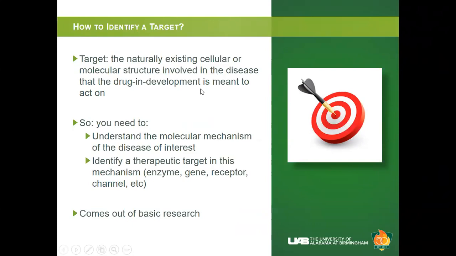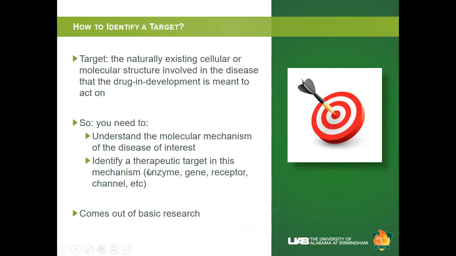So you really need to understand on a molecular basis what goes wrong in a cell that makes disease happen. The more you understand that process in detail, and all the pieces and parts that move together to make it go wrong, the more precisely you can determine what you want your drug to bind to. So you really need to understand the disease very intricately.